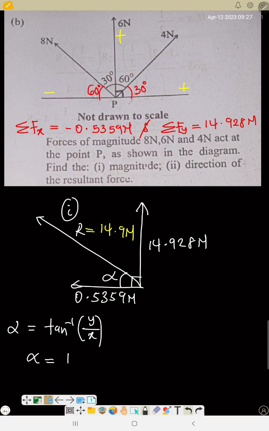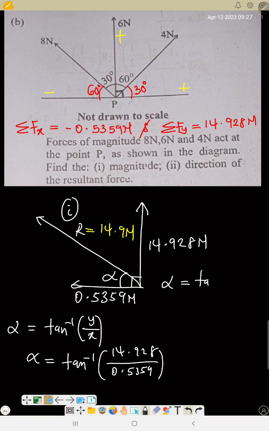So alpha is equal to arctan 14.928 divided by 0.5359. So alpha is equal to arctan of 14.928 divided by 0.5359.